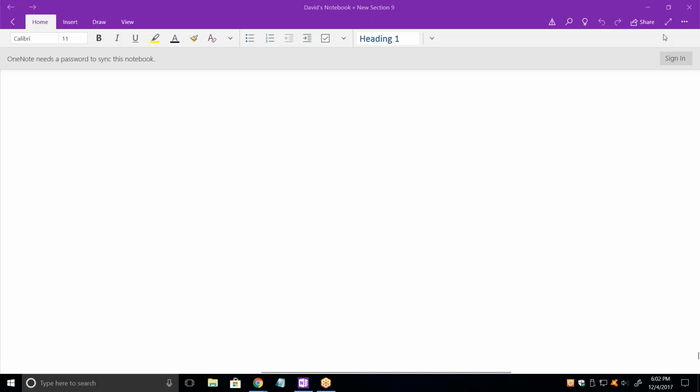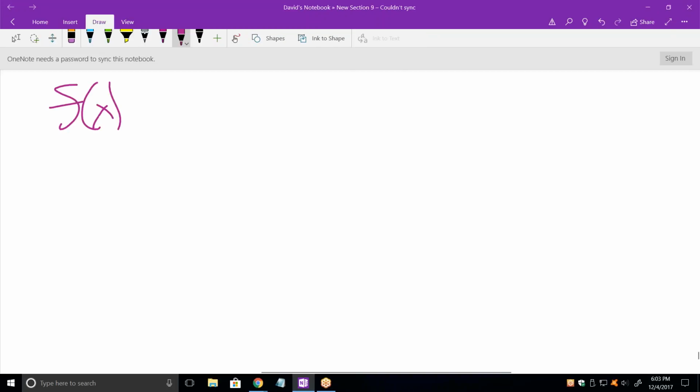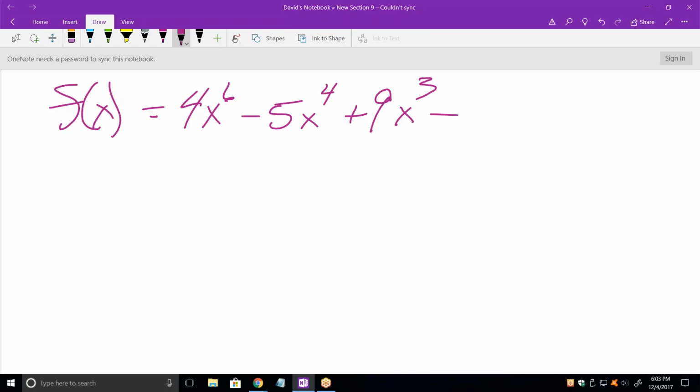So f of x equals 4x to the 6th power minus 5x to the 4th plus 9x to the 3rd minus x. What was the question?